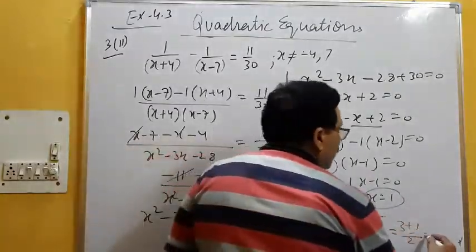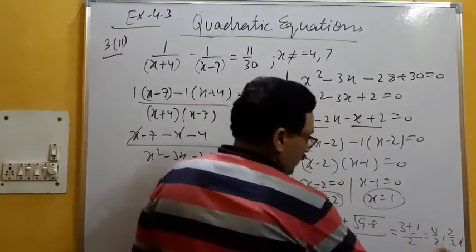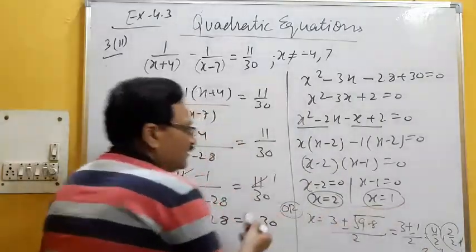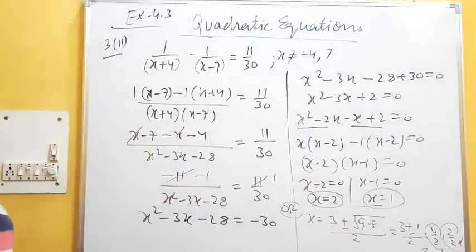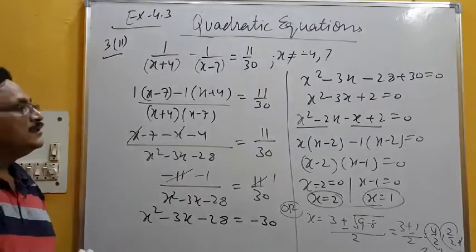So you get (3 + 1)/2 and (3 − 1)/2. Two answers: 4/2 and 2/2. So the answers will be 2 and 1. You can check: the method may be any, the result will remain the same.